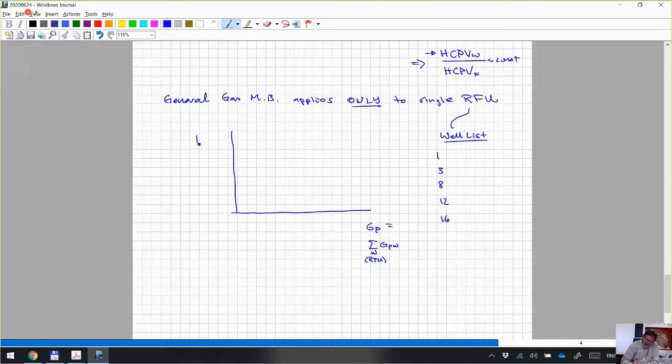And the average reservoir pressure that you're dividing by Z here. Okay, so let's say that well 1 is in blue and well 3 is pink. I won't do them all.